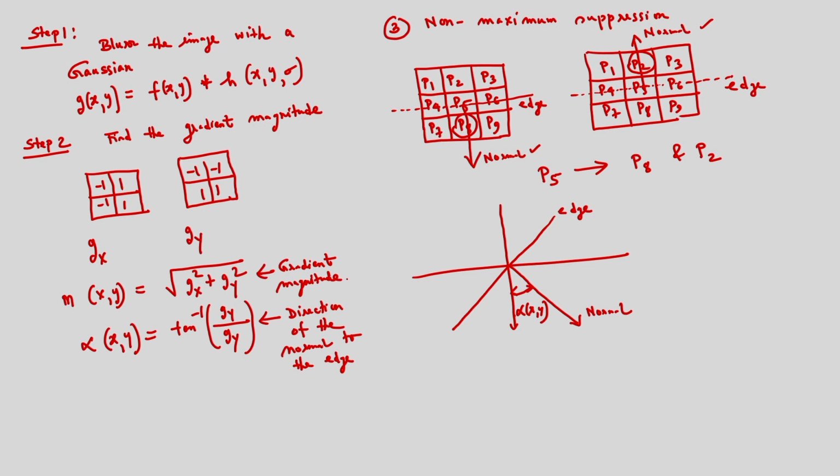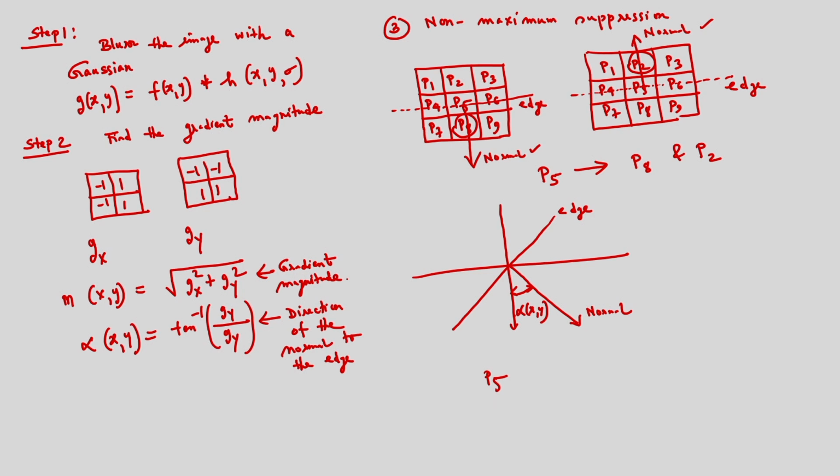So that means, again, I am repeating this one. First I have to find the neighborhood pixels. After finding the neighborhood pixels, I have to compare the gradient magnitude of the pixel P5 with the neighborhood pixels. The neighborhood pixels are P8 and P2.